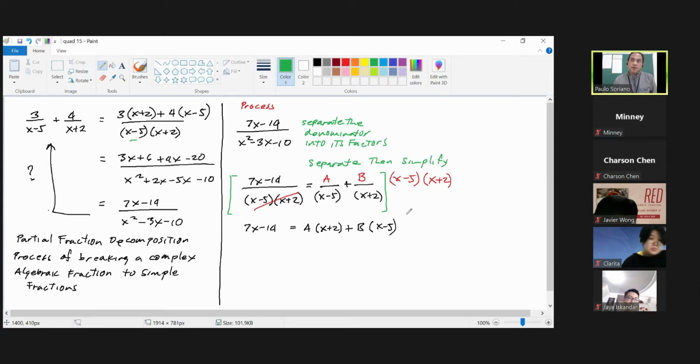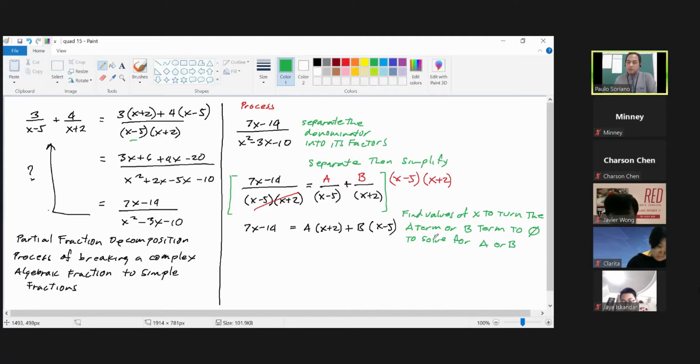To find values of a and b, you need to find values of x to turn the a term or b term to 0 to solve for a or b respectively.